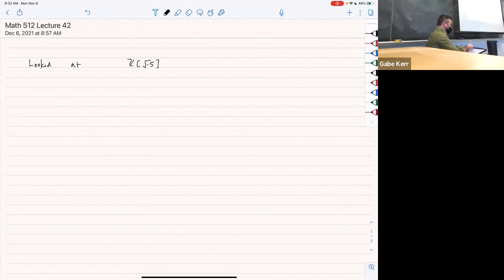What I'm going to do here is prove the pictures I showed you last time are indeed correct, or at least that there's an ideal that looks like that.